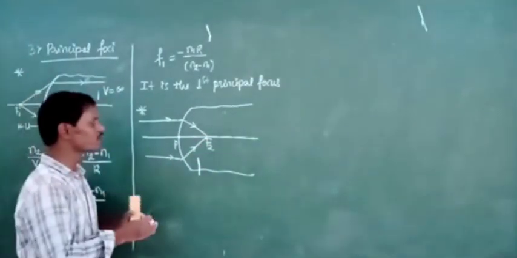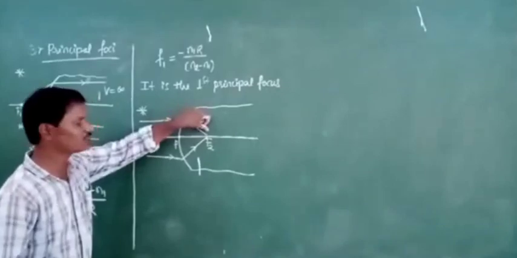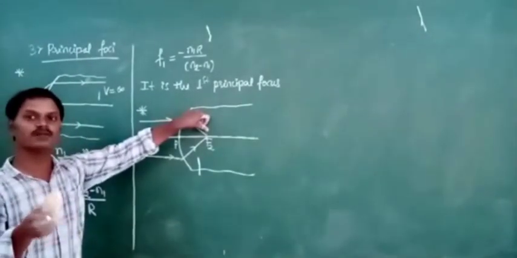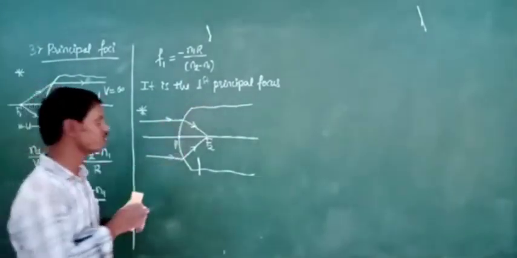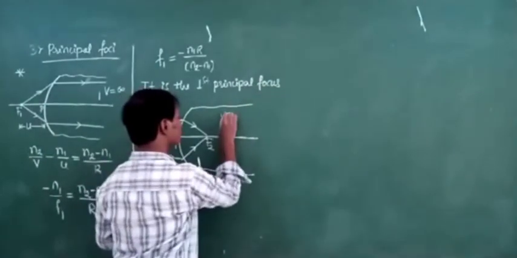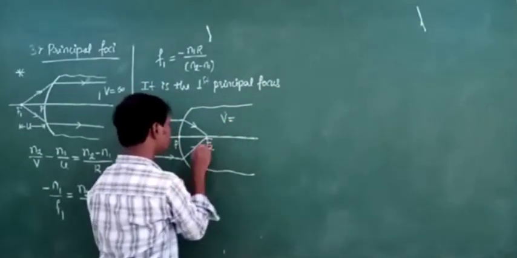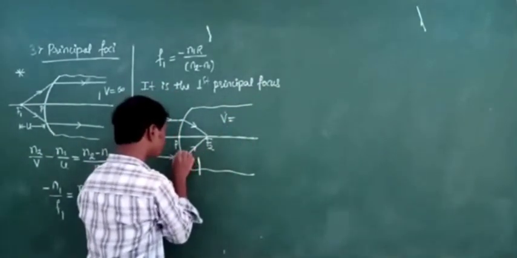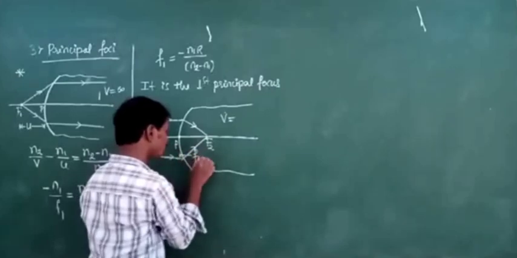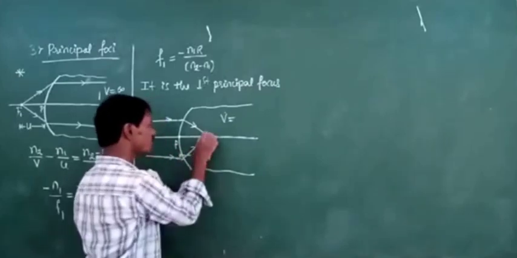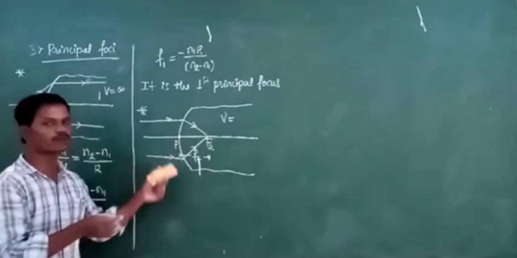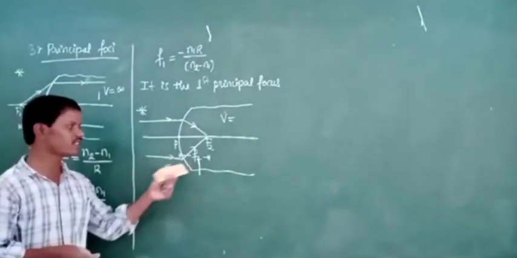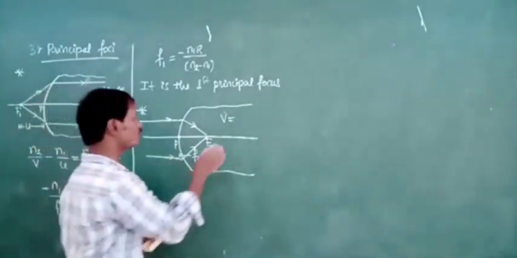So what is the second principal focus here? It is the position of the image when the object is at infinity. So what is the position of the image? The position of the image can be taken as f2. What is f2 here? The distance of the second principal focus from the pole of the spherical refracting surface. Then what about v now?